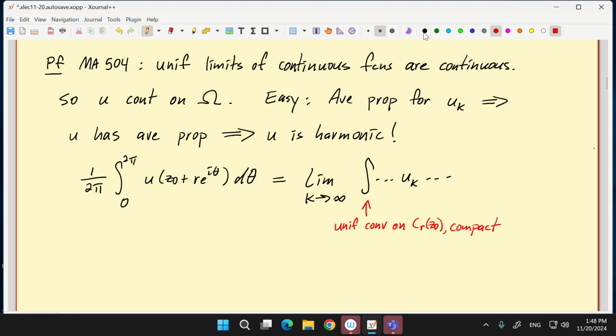And of course, these satisfy the averaging property, so that would be the limit of u_k(z_0), which converges uniformly to u(z_0). Check. So that's all there is to it.